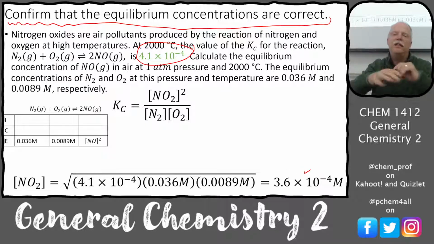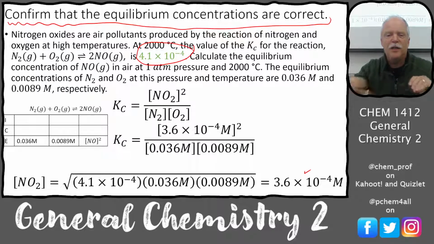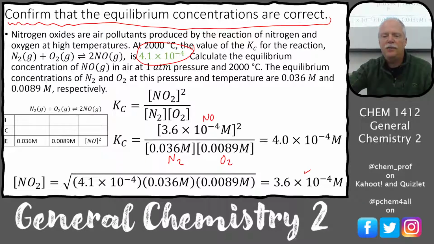Let's put it into the equilibrium constant expression. So we had the N2, and we had the O2. Now let's put in the NO and see if everything works out. So if we put that in, we square it, we divide by 0.036, and divide by 0.0089, we end up with 4.0 times 10 to the minus 4. And that's close. It's close enough, we'll call it a check.